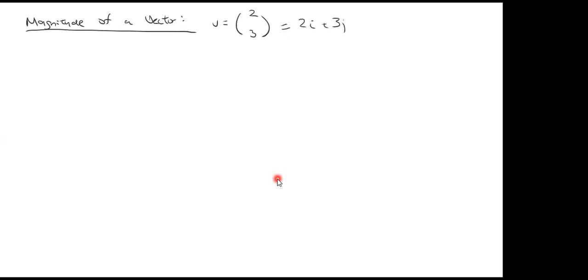Now, I know we've gone through this, but let's talk about the magnitude of a vector. Let's be more formal about it. If you have a vector which is 2, 3, say, that means it's 2i plus 3j, right?